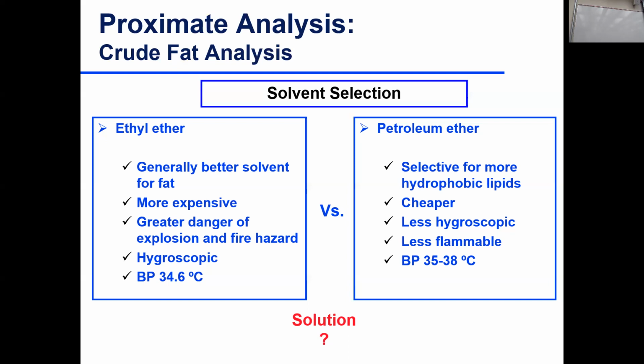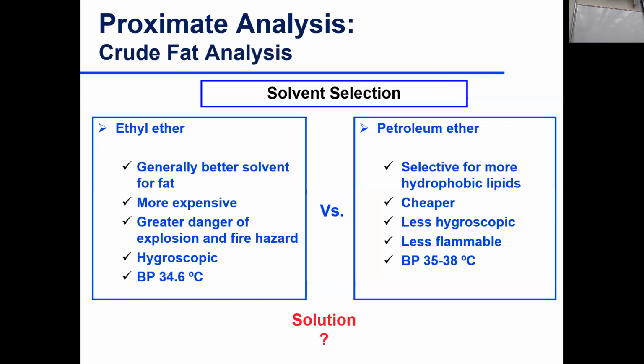All right, petroleum ether is cheaper compared to diethyl ether. It is less hygroscopic, that means it does not get saturated with water as much as diethyl ether can. It's less flammable. If we look at the boiling point, it is very similar, with petroleum ether having a higher boiling point, which still makes it less flammable.